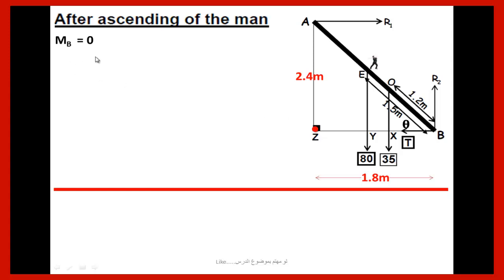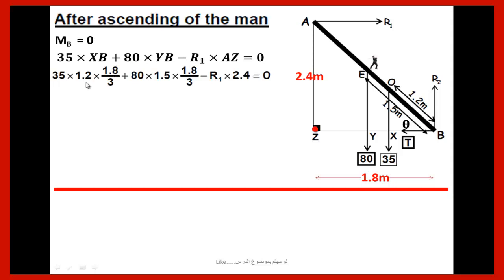So MB equals 0 means 35 multiplied by XB plus 80 multiplied by YB minus R1 multiplied by AZ equals 0. That gives 35 multiplied by 1.2 multiplied by 1.8 over 3, plus 80 multiplied by 1.5 multiplied by 1.8 over 3, minus R1 multiplied by 2.4.